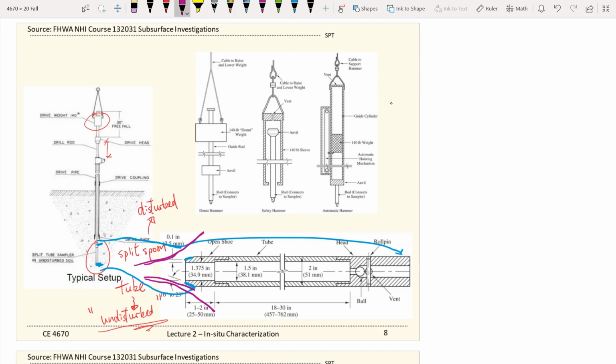Assume this is soil, and then this sampler is advanced into the ground, and you will get all the stress concentrations right there. That's where the soil disturbance comes from. So it's not perfect, but at the end of the day, the soils will go into the sampler.